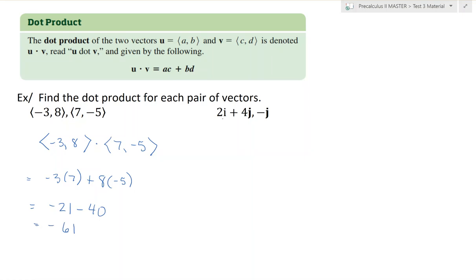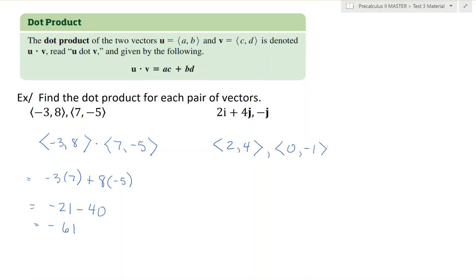Here I have vectors 2i plus 4j and negative j, and I need to find the dot product. So first let's change those to angle bracket vector form. So this will be a 2, 4, and this will be a 0, negative 1.